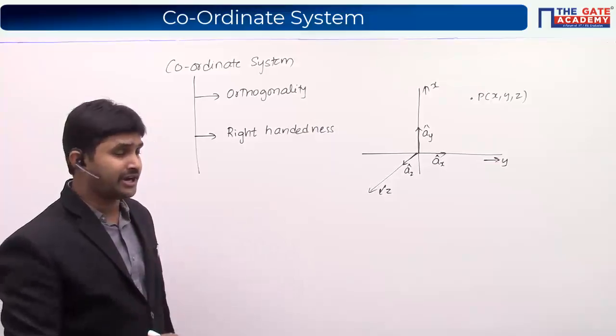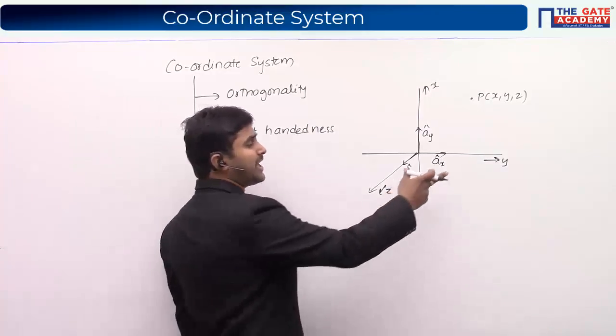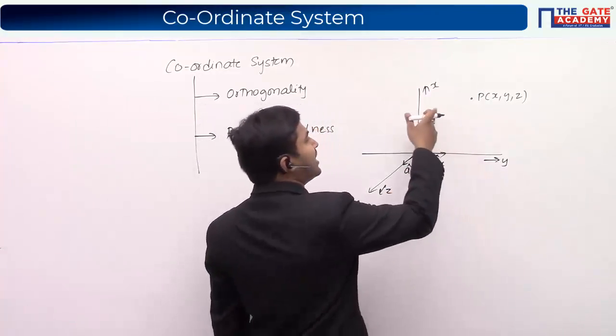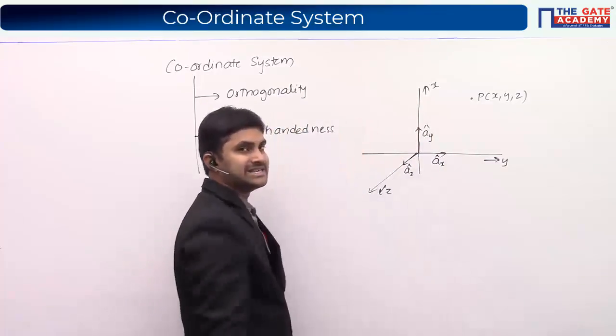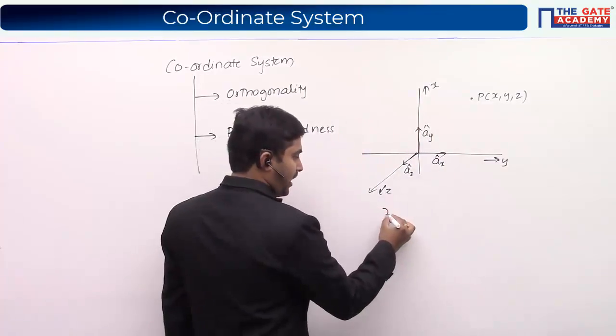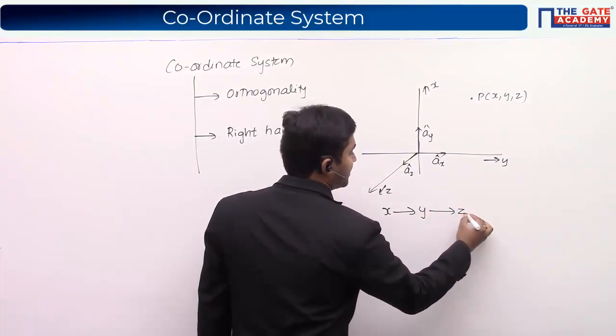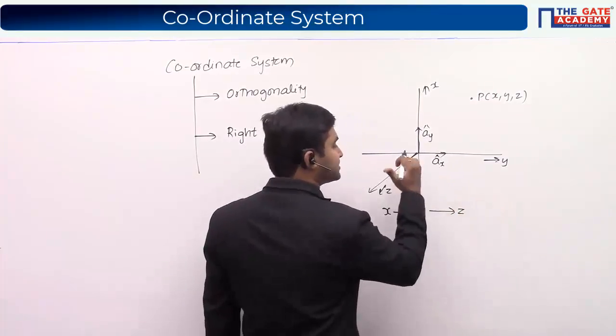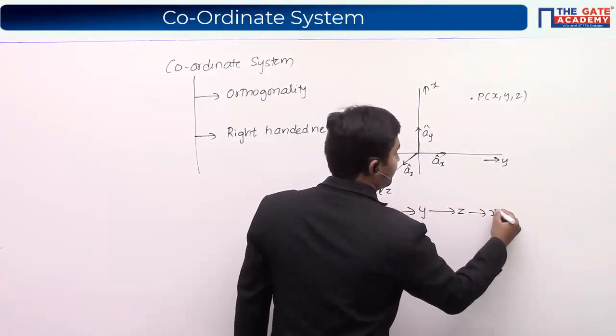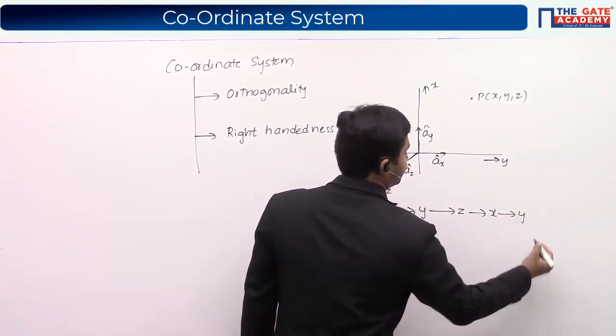So it's very, very important that this should be x, and after x there should be y, and after y there should be z. So x, then comes y, and then comes z, and then again after z comes x, after x comes y, and so on.